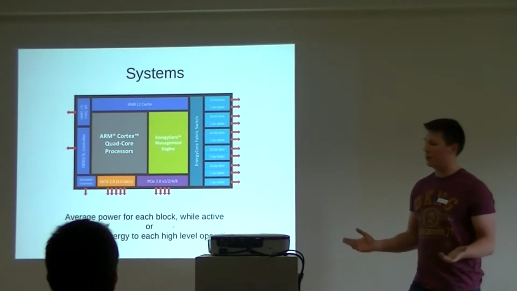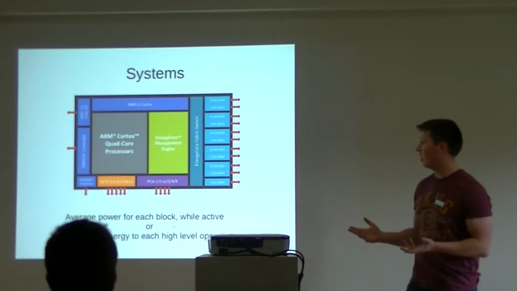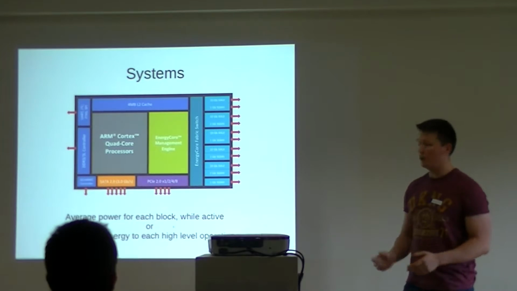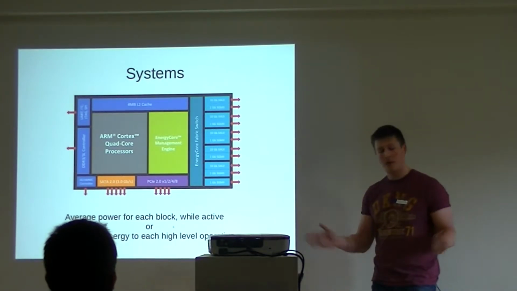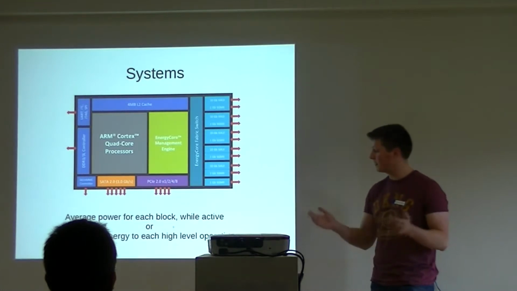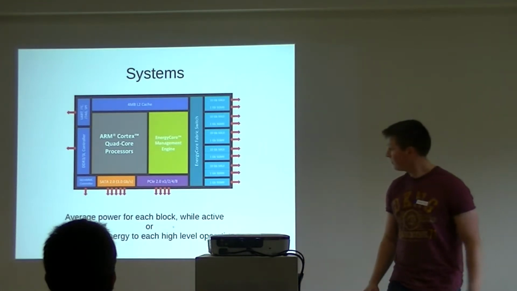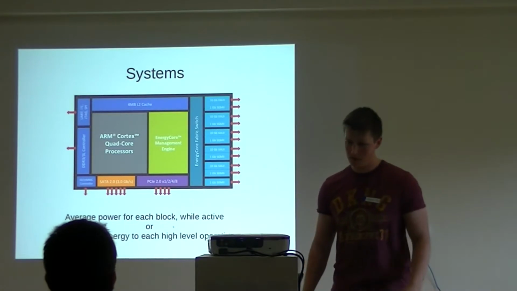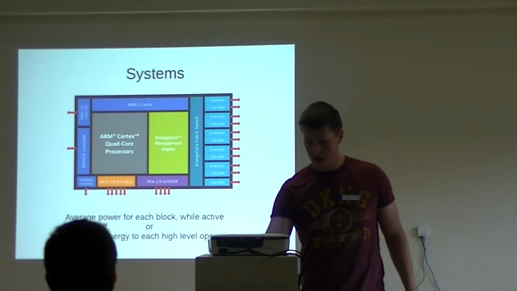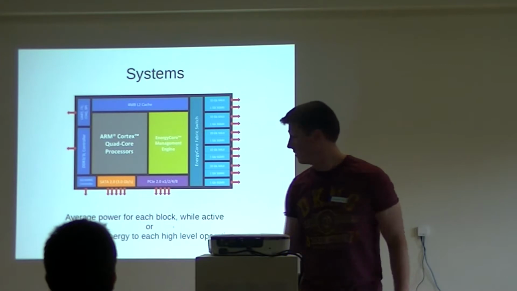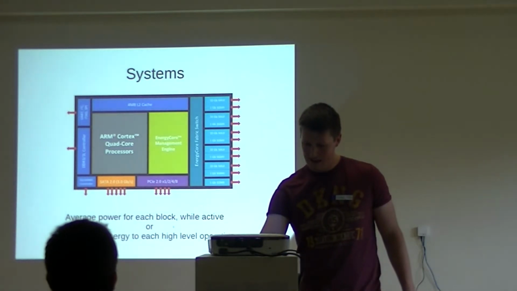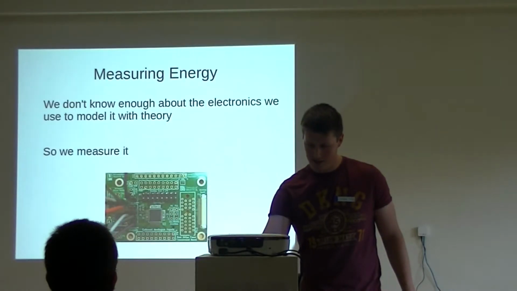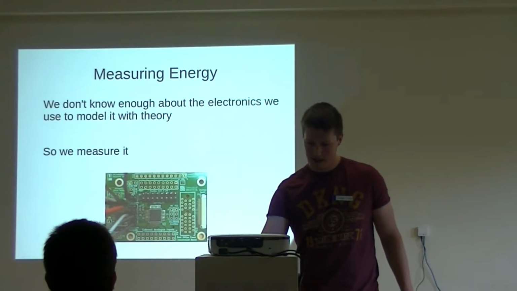And one way of budgeting your energy is by considering your hardware blocks like that. You could do one memory access that will take you a certain amount of energy. You could do some operation for a certain amount of time, and it takes you an average amount of power. So accessing the hardware costs energy, outputting pins costs energy. So that's a quick overview of where energy comes from at each level.